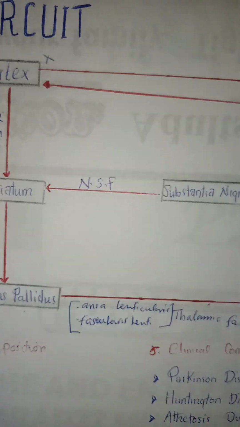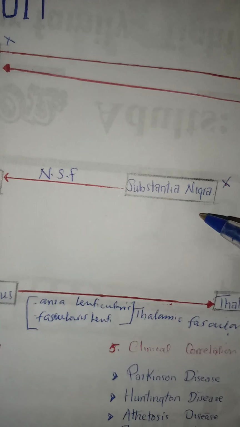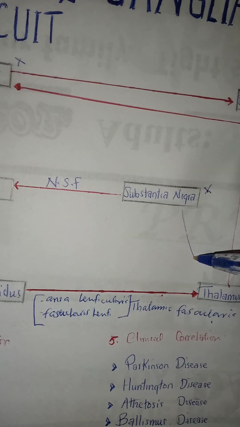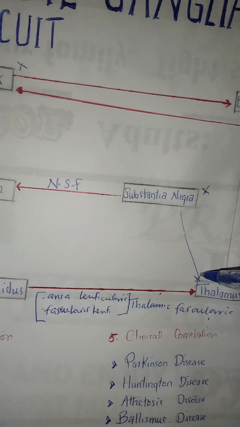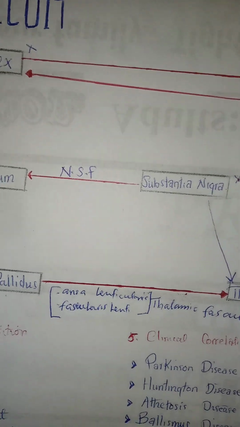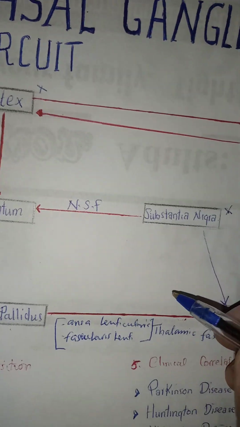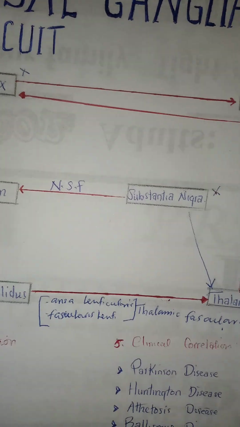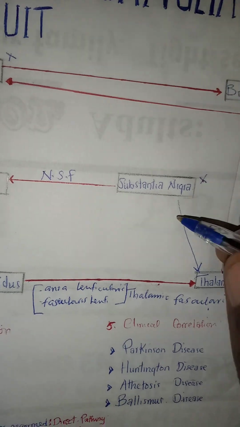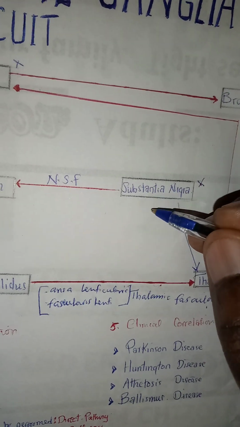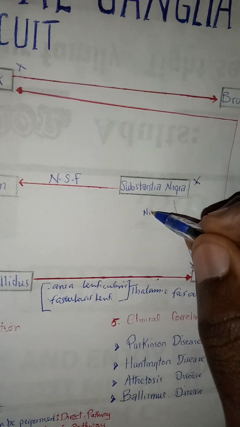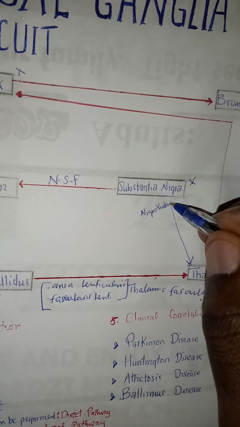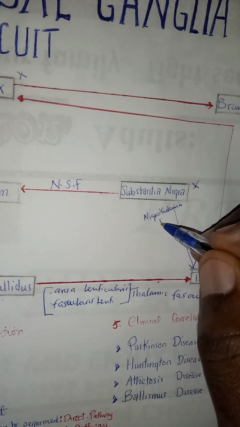Okay, and this substantia nigra can also send fibers to the thalamus. So the fibers which are coming this side are basically called nigrothalamic fibers.